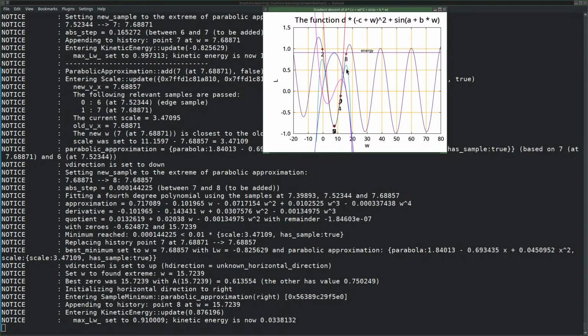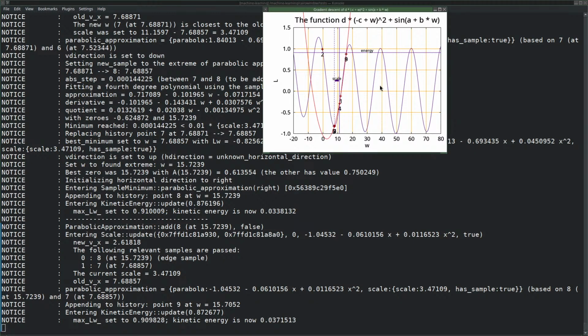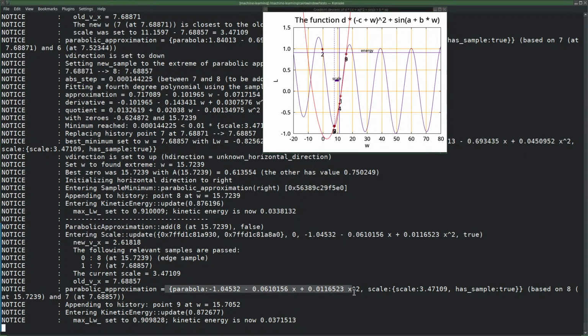So now we're going to jump here, which is then ending up here on the curve in point 8. And now you see where it goes wrong, because I did not reset the scale. It's not saying, okay, now I have just 1 point. It's saying I have 2 points, namely 8 and 7, and it still fits a parabola through that.